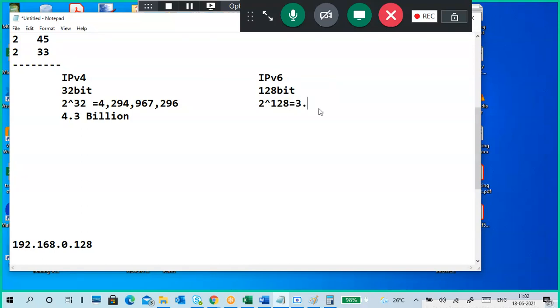It means, compared to 4.3 billion IP addresses, billions and billions of IP addresses we are getting here.